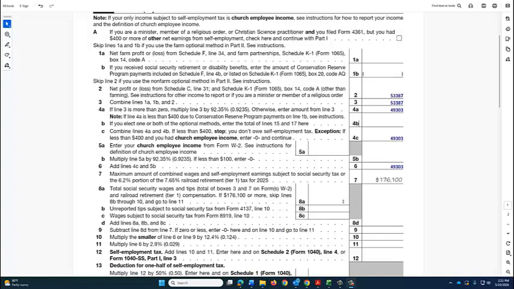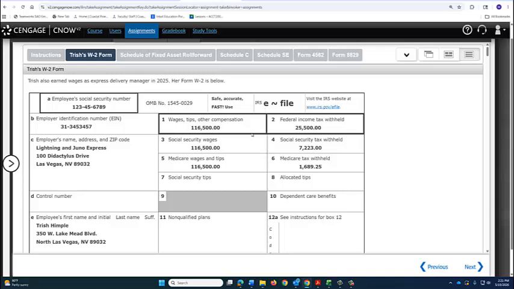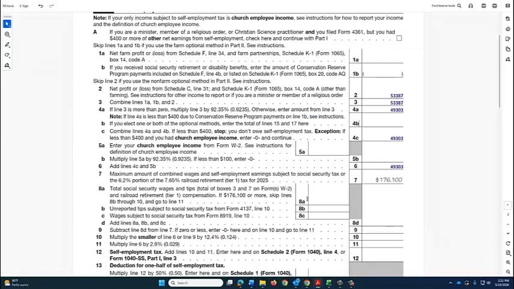Remember, Trish did have some earned income and she had a W-2, so we need to see the amount in box 3 and 7. She doesn't have anything in 7, so $116,500. This is the amount of earnings on which she has already paid Social Security taxes. So we'll just bring that down to 8D.